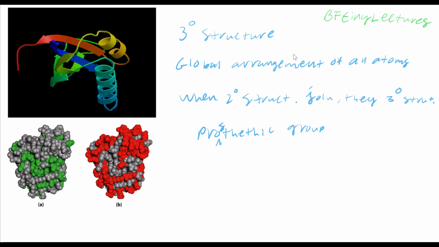It can also be a metal, like copper next to the protein would be a prosthetic group, okay? So a major joining force for the tertiary structure would have to be the hydrophobic amino acids or compounds found in the core of the tertiary structure.